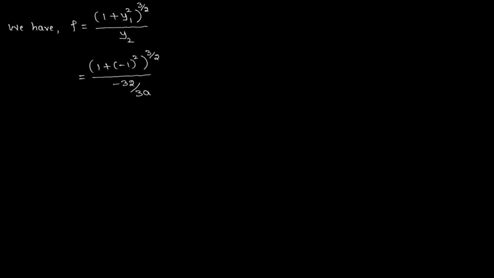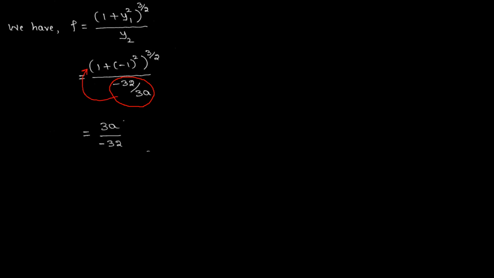Yes, we have put the value of y1 in this place and the value of y2 in this place. When we further simplify, let us see. First of all, we can take this to the reciprocal.